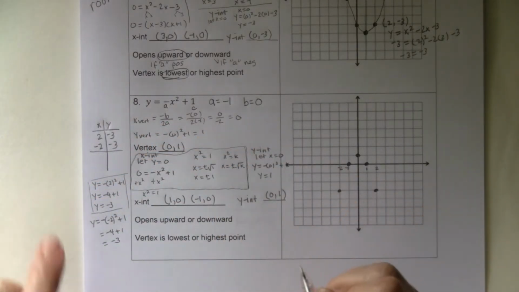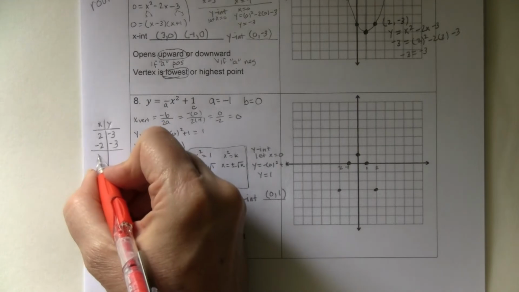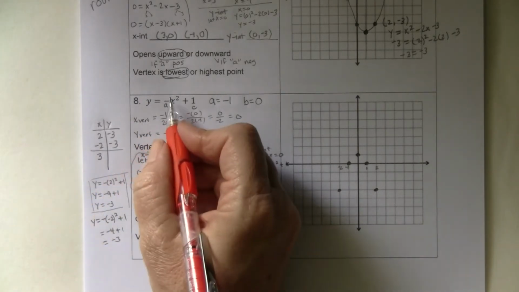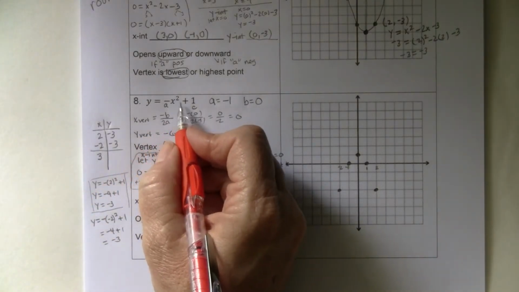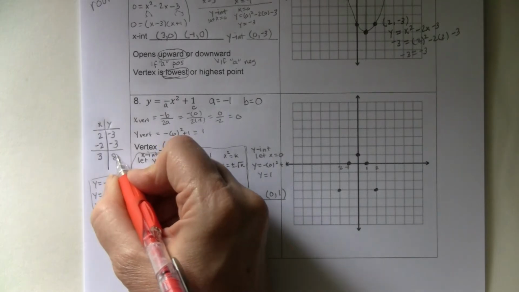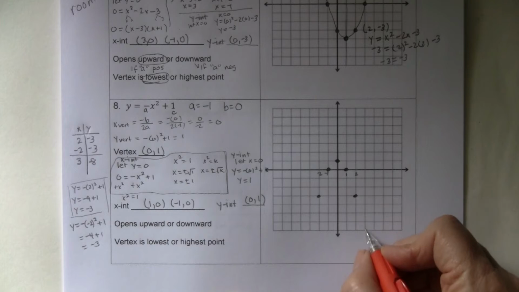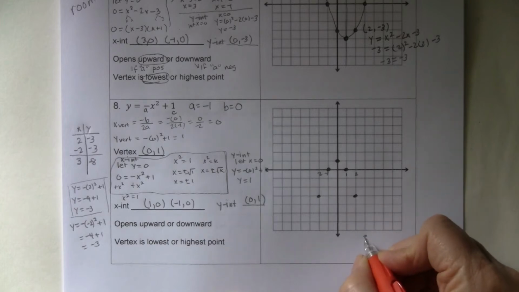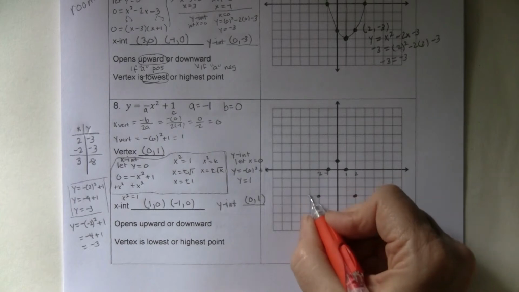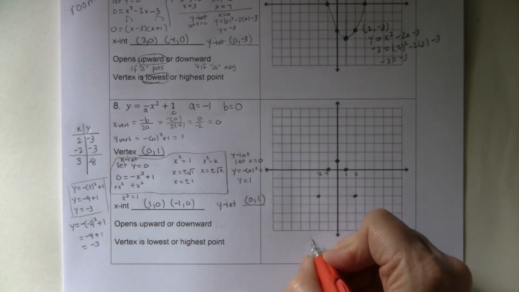So we have that. If you wanted to pick 3 and put it in, let's see, that's going to be negative 9, right? Plus 1, that's going to be negative 8. And so 3 is going to be just a little bit beyond, because that's negative 8. And the same here at negative 3, there's that symmetry.